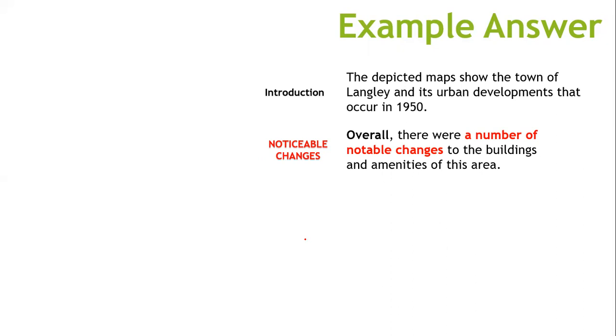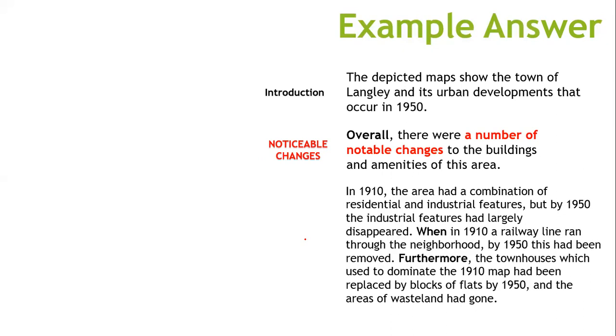And by the paragraph 1, in 1910, the area had a combination of residential and industrial features, but by 1950, the industrial features had largely disappeared. When in 1910 a railway line ran through the neighborhood, by 1950 this had been removed. Furthermore, the townhouses which used to dominate the 1910 map had been replaced by blocks of flats by 1950, and the areas of wasteland had gone.